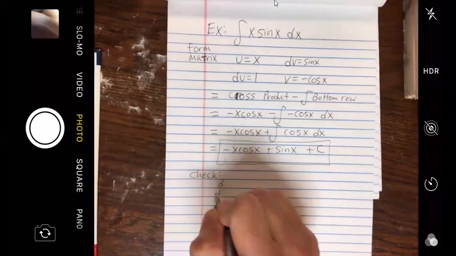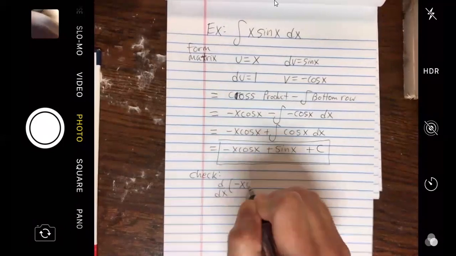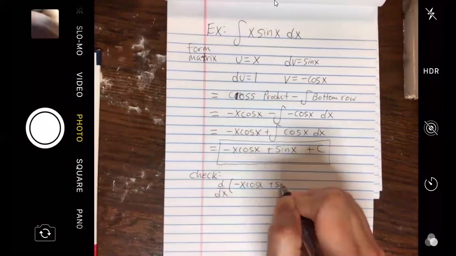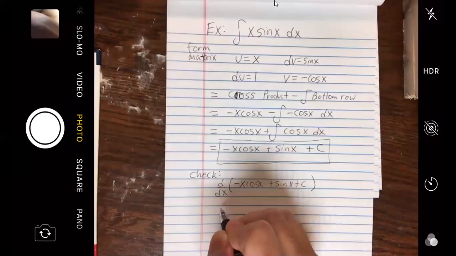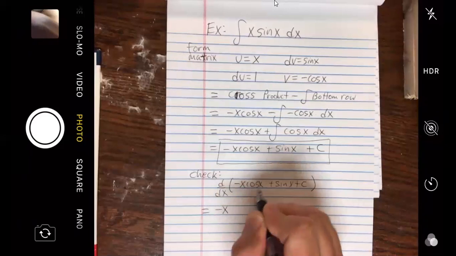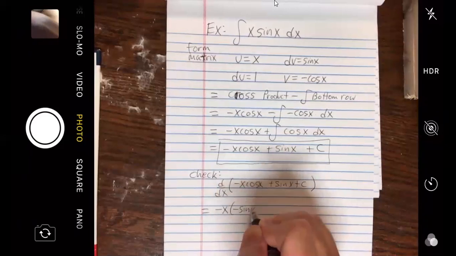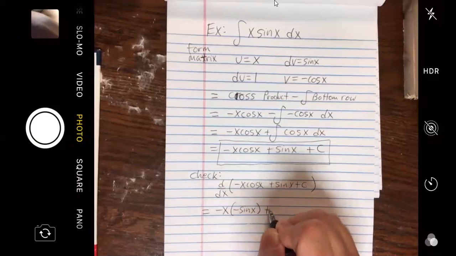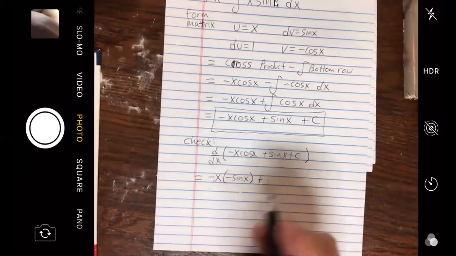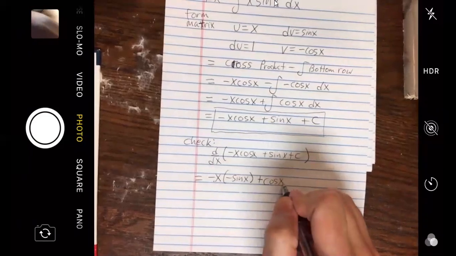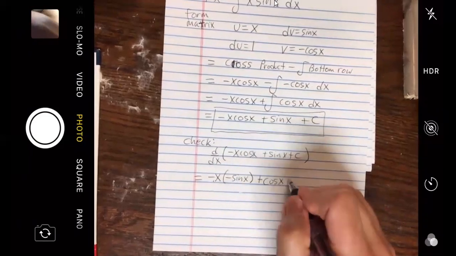Derivative of negative x cosine x, add sine x, plus c. You would get first, d second, derivative of cosine is negative sine, plus second, d first is 1, negative 1.